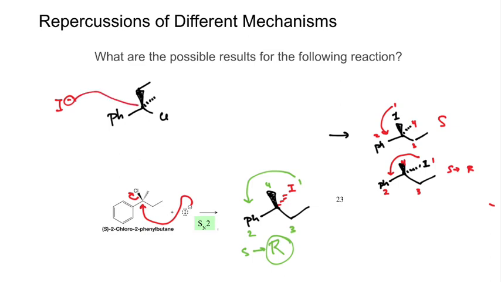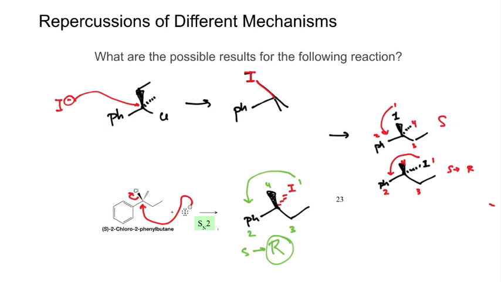If our iodine comes in and attacks, how should I draw this? In the plane of the paper? Yep, all of this is happening in the plane of the paper, so the iodine I'm showing coming in as a solid line in the plane of the paper up away from it.